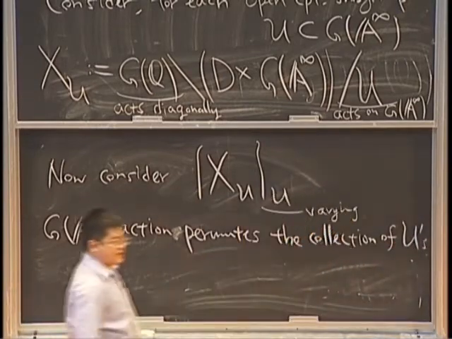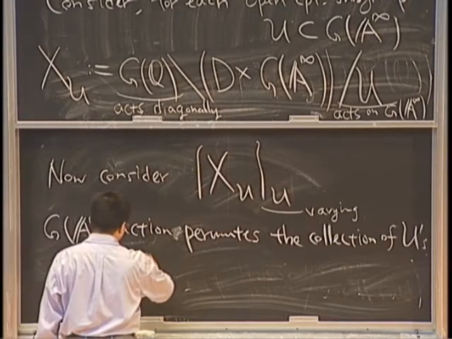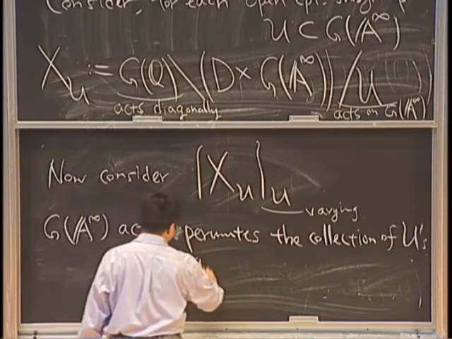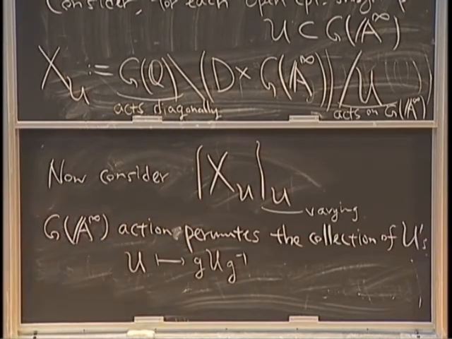So if you consider all the U together, then you just have some kind of conjugation. If you have U, you can send it to G U G inverse. You can certainly do that.